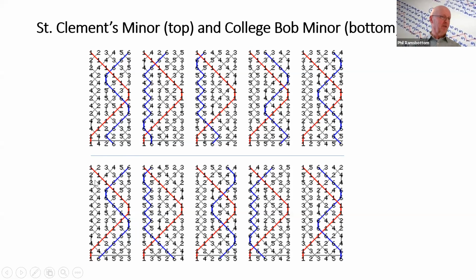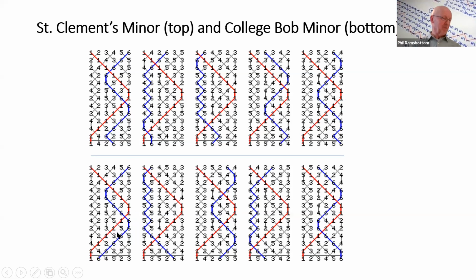Now, if you look at the method below, which is College Bob Minor, can you see any similarities between those blue lines there and the blue lines in St Clement's above? Yeah, they are almost all the same. They're just in a different order.